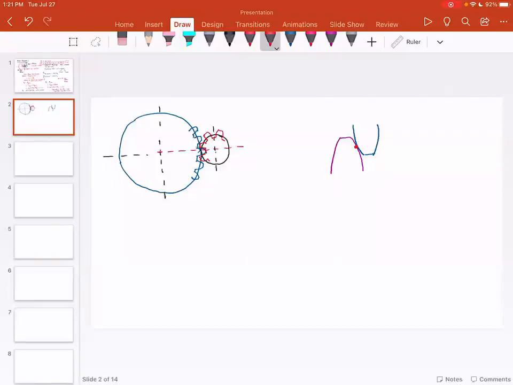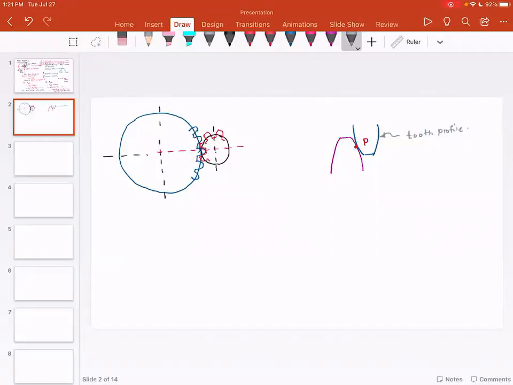And this point is called point P. This point P is on the line of centers for these two wheels, or these two gears. Now this profile is super important. This is called the tooth profile.